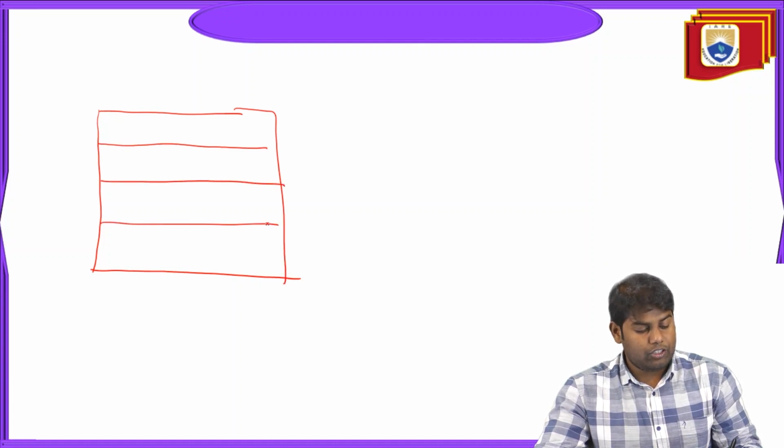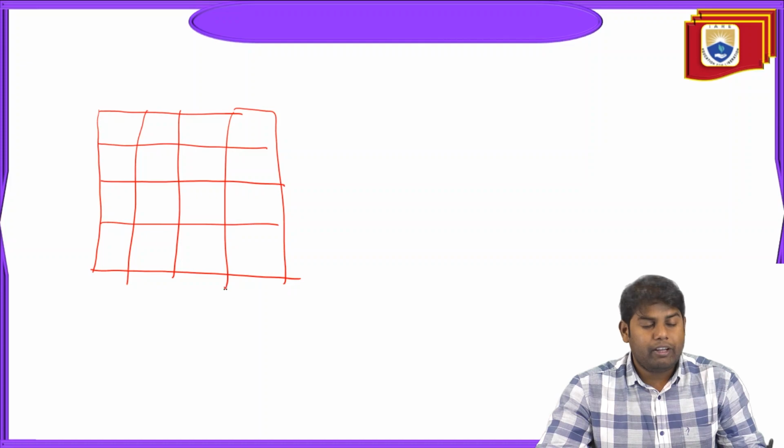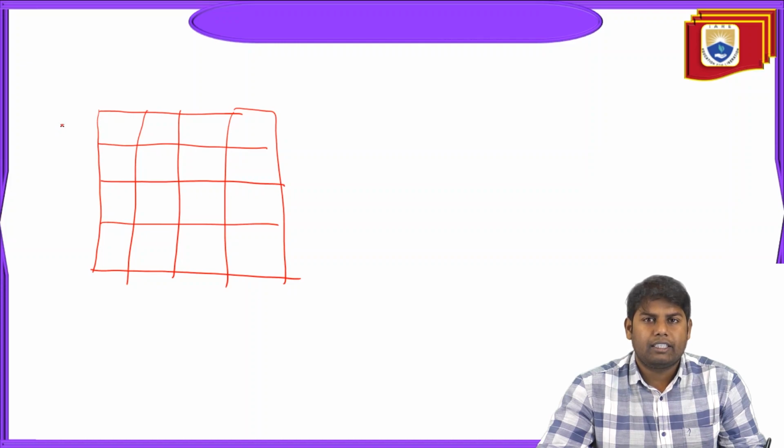The square I have drawn is the domain, and the domain will be divided into subdomains. The outer edges we call the boundaries of the domain. The x lines and the y lines are dividing the domain into subdomains.